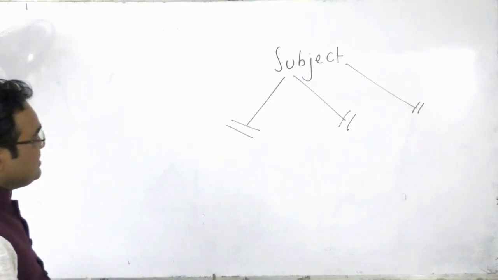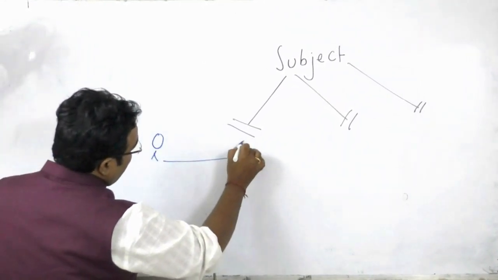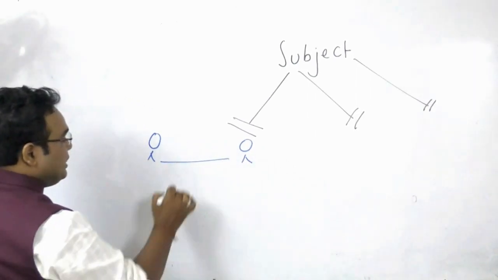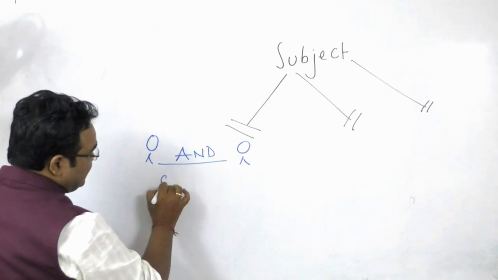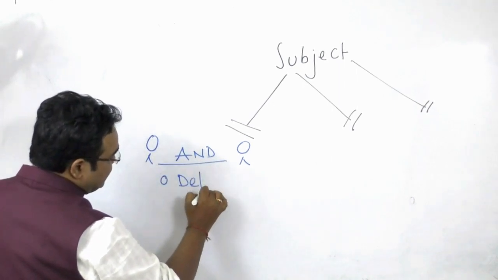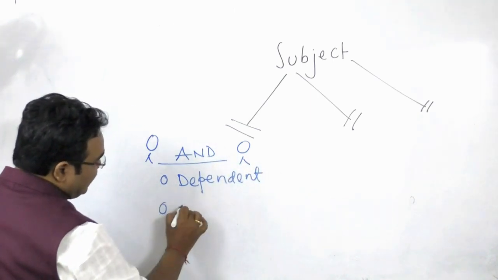The first is when 2 subjects or more than 2 are connected by and, the subject may be dependent or independent.